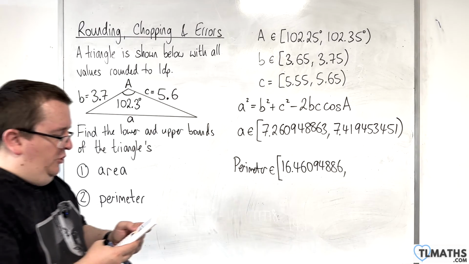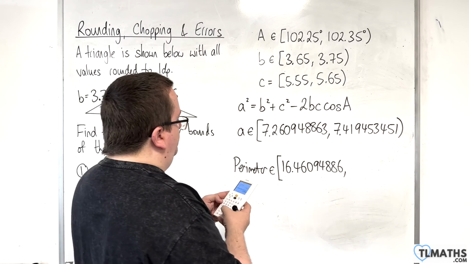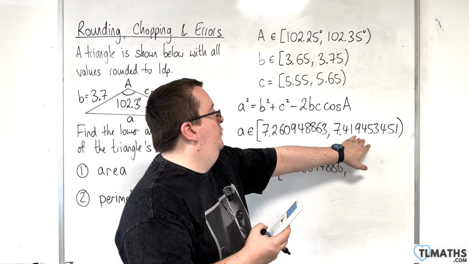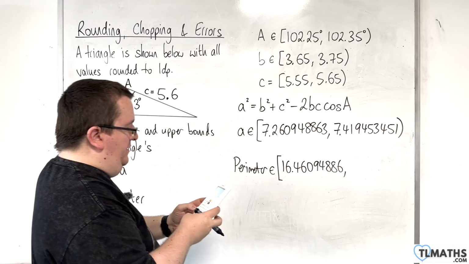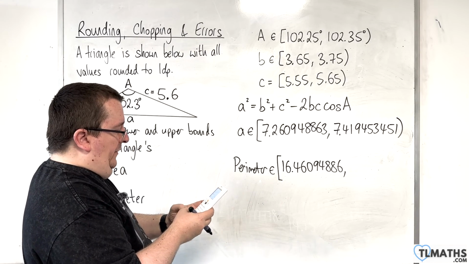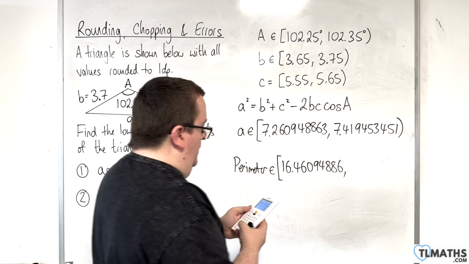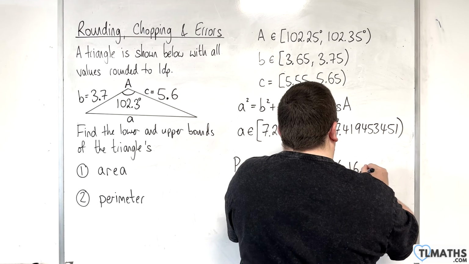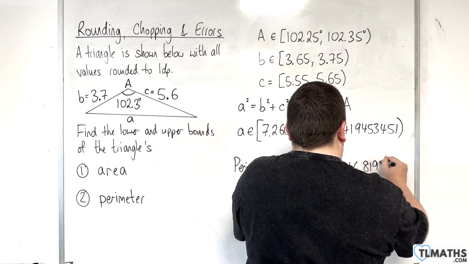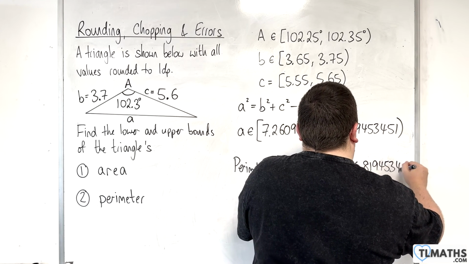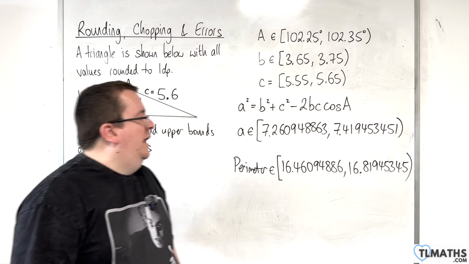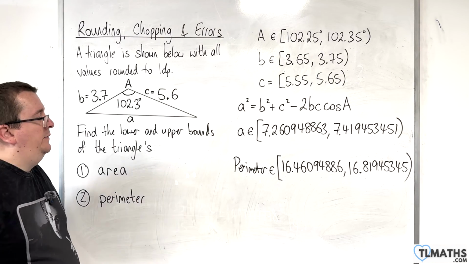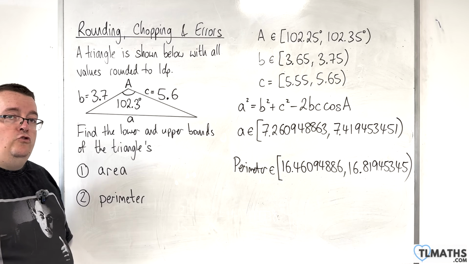And the largest it could be is this value here, 7.419, etc., plus the 2 largest values, so 3.75 plus 5.65. And that's 16.81945345, not inclusive. And so there are the lower and upper bounds of the triangle's perimeter.